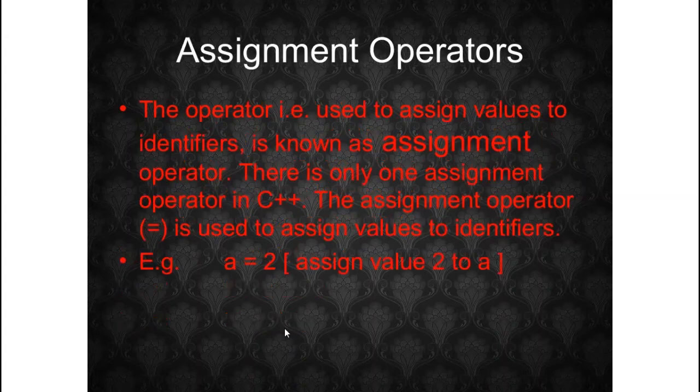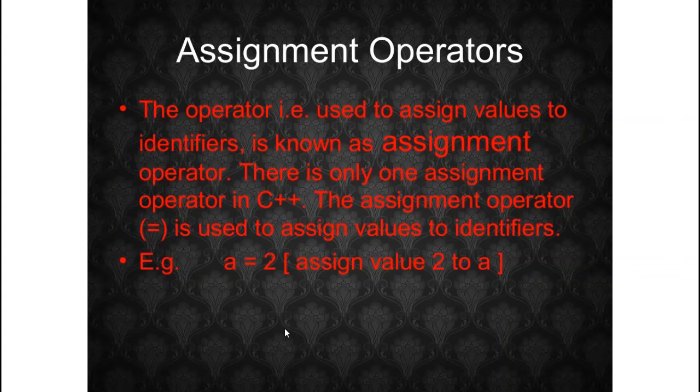Assignment operator. The operator that is used to assign a value to an identifier or variable is known as the assignment operator. There is only one assignment operator in C++. The assignment operator equals is used to assign values to identifiers or variables.